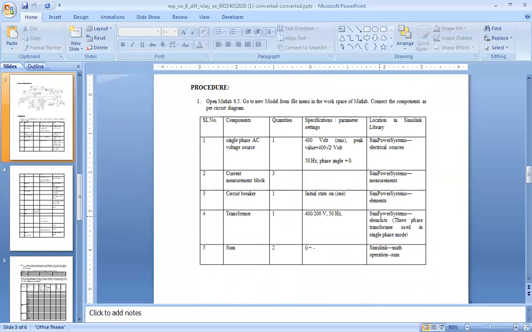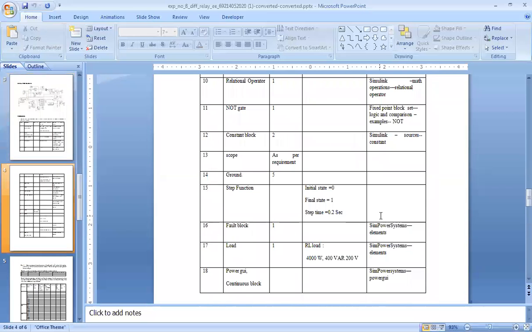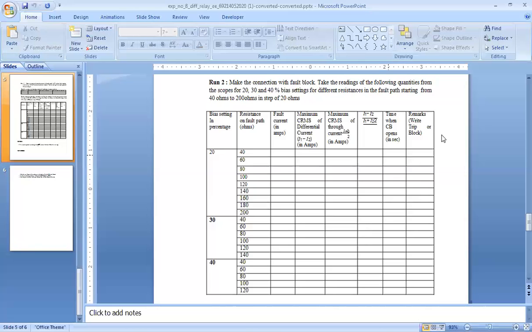There will be a sharp change of the current, and you have to write the remark, either it is trip or block. If the relay operates, then trip, and if it doesn't operate, meaning this ratio becomes less than the bias setting, then it will block.